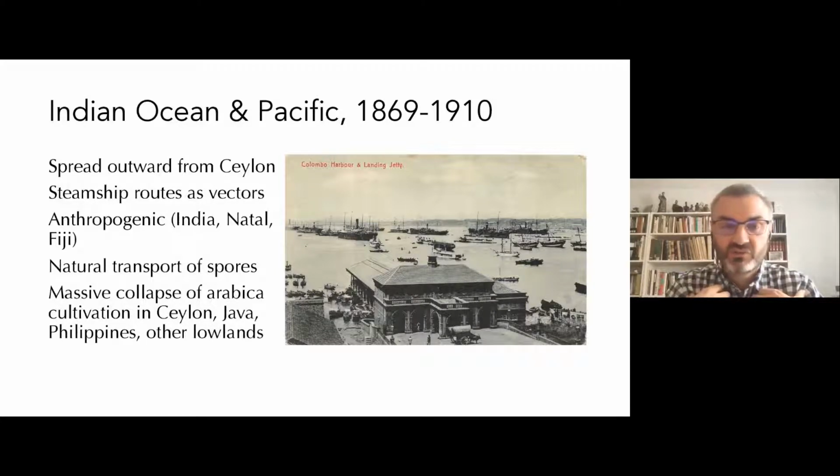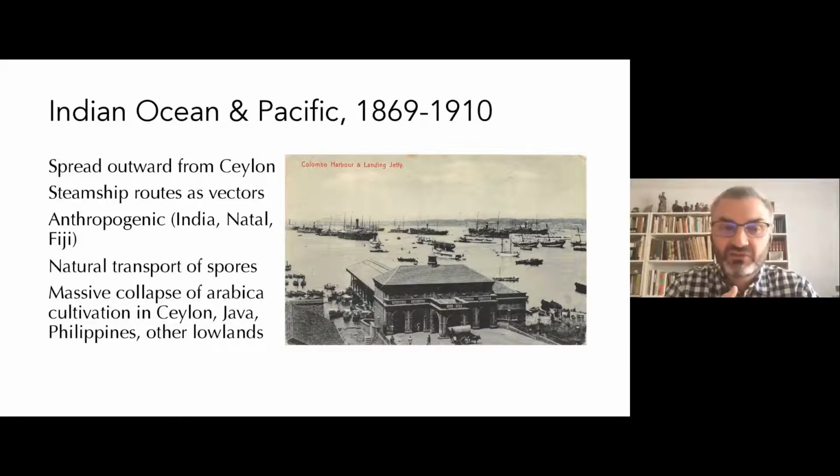They carry their spore-laden clothes with them, and then they walk through a coffee farm in their destination and transfer it that way. So very quickly and almost inevitably, people and goods carried the spores almost everywhere in the Indian Ocean basin. And on top of that, it's also clear that the wind carried spores great distances.